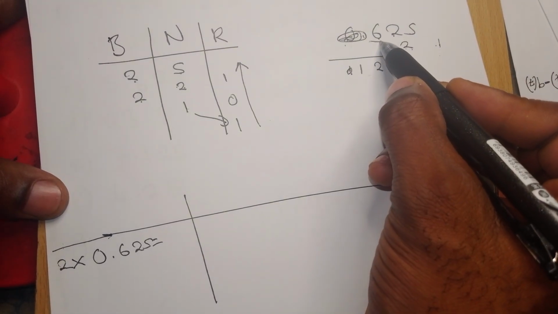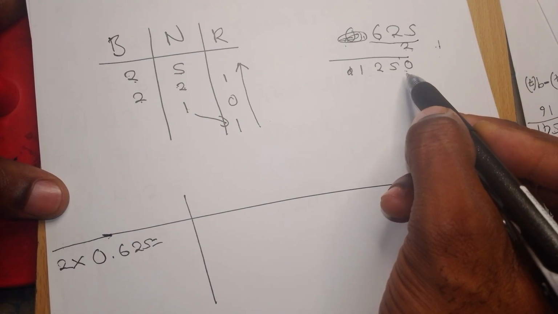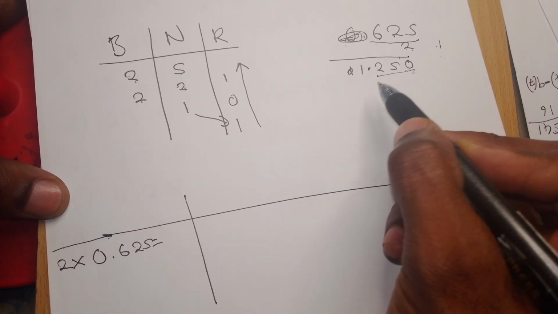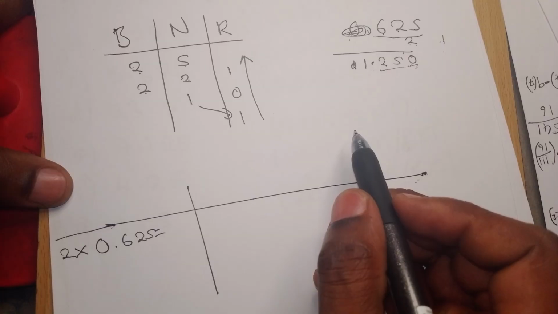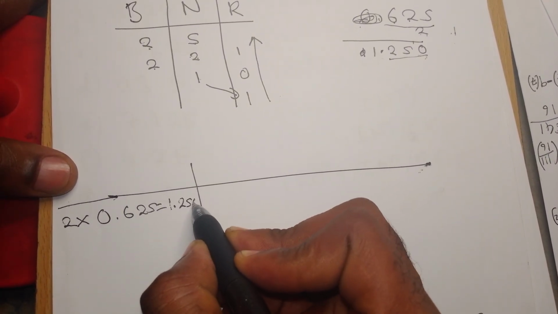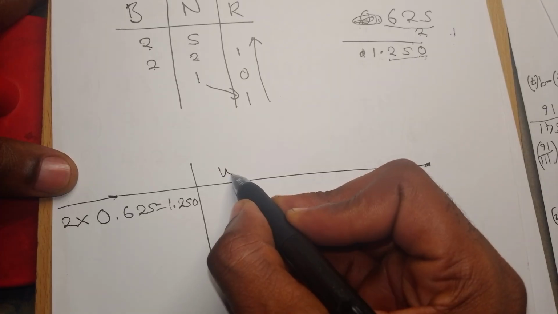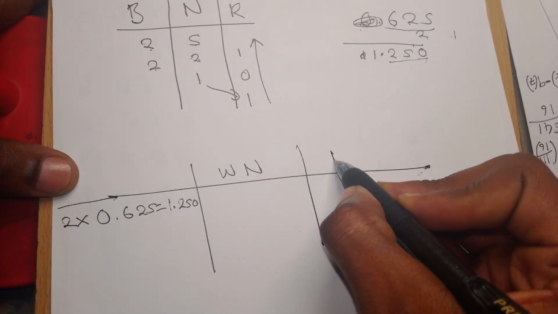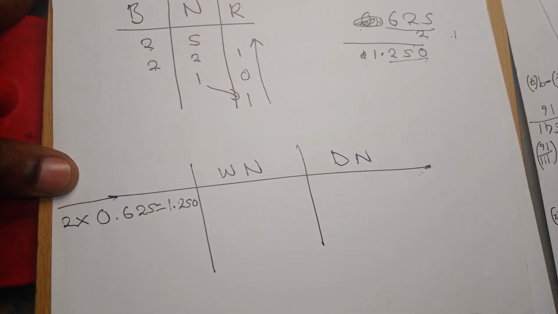And then because we have 3 decimal places here, we need 3 decimal places even here. So this will be 1.250. So remember, you have your whole numbers, and then you have your decimal numbers here.